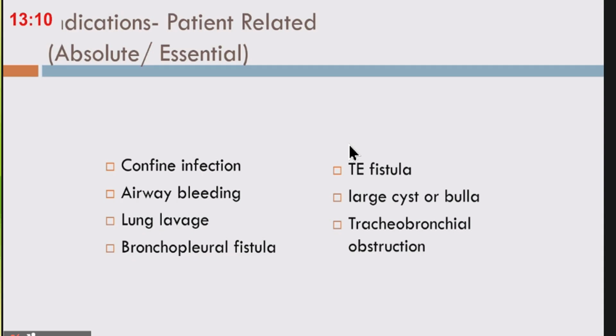Lung lavage, bronchopleural fistulas, a TE fistula. If you've got a large cyst or bulla, you would want to isolate, again, to be able to ventilate and oxygenate the good parts of the lungs, and tracheobronchial obstruction.